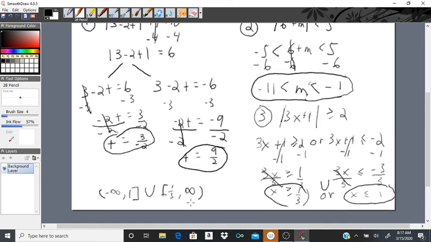You always put a parenthesis next to infinity or negative infinity. Since it could be less than or equal to 1, that means all the way from negative infinity up to 1, including 1 as well.